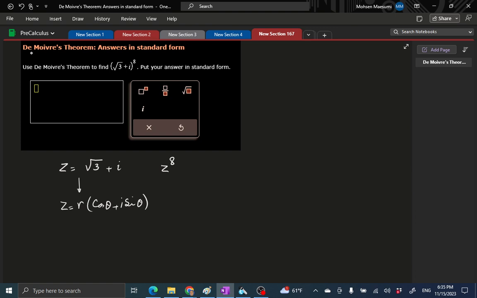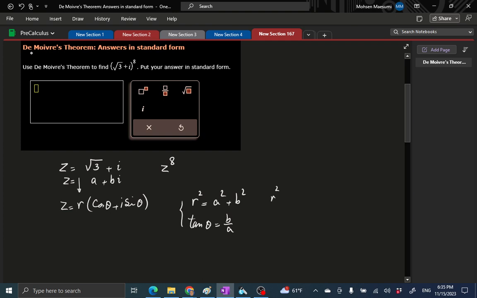You remember that if z is equal to a plus b times i, r squared was a squared plus b squared, and tangent of theta was equal to b over a. This is from a lecture we had a couple of days ago.